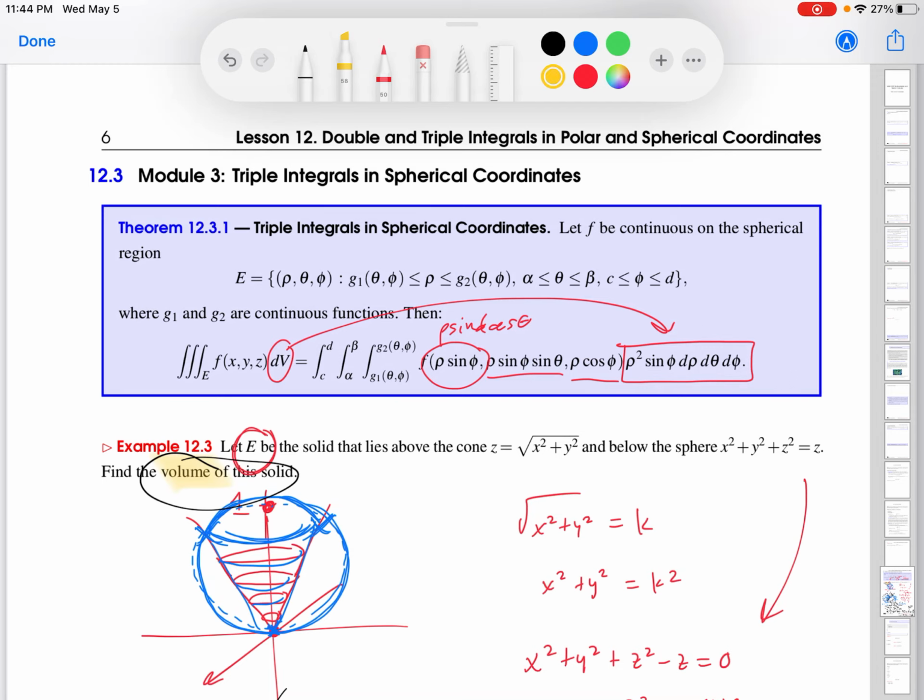In spherical coordinates, if you see x squared plus y squared plus z squared, that automatically converts to rho squared. So that is a really nice conversion. Z is another nice one. Z is just rho cosine phi. So if you see those two terms in your integrand or elsewhere in the solid you're trying to convert, I would leave it as is.